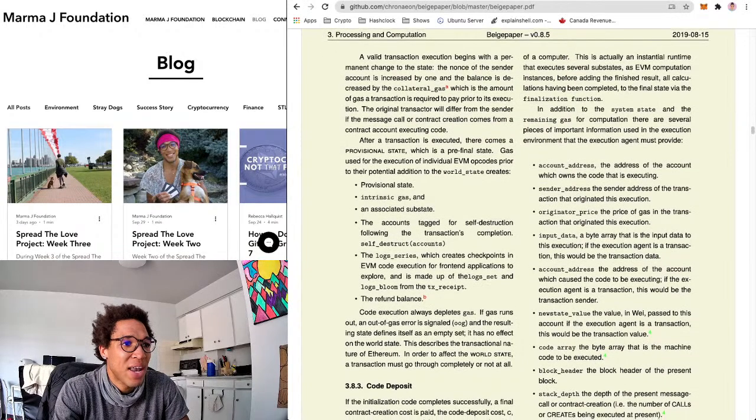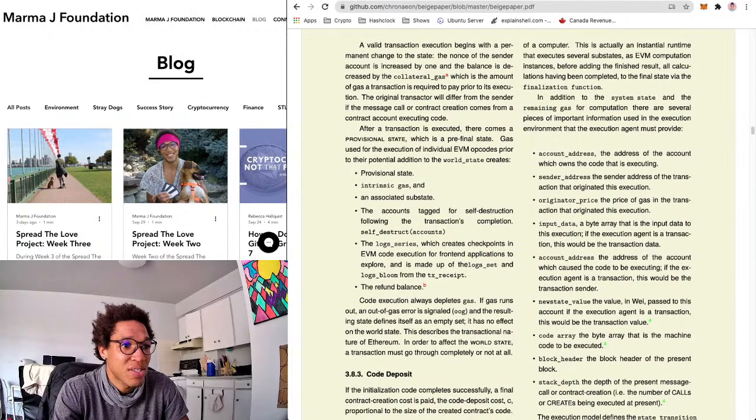It must provide an account address, the address of the account which owns the code that it is executing. A sender address, the sender address of the transaction that originated this execution. The originator price, the price of gas in the transaction that originated this.